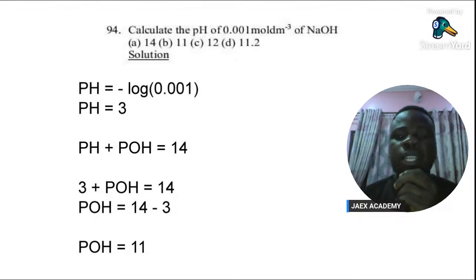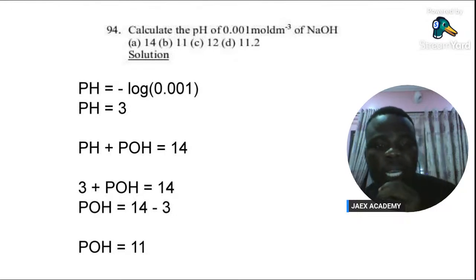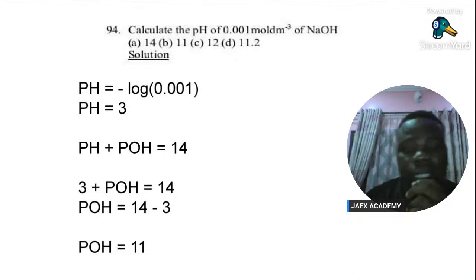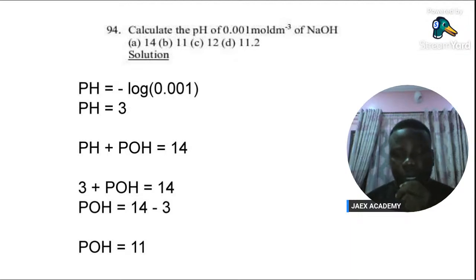So this 0.001 is an acid, but they gave us the compound in a base solution. So what do we do? Remember that if we press minus log 0.001 in our calculator, it is going to give us 3.